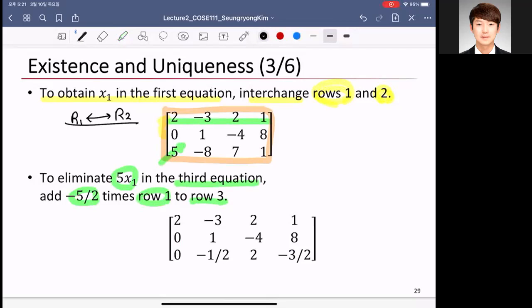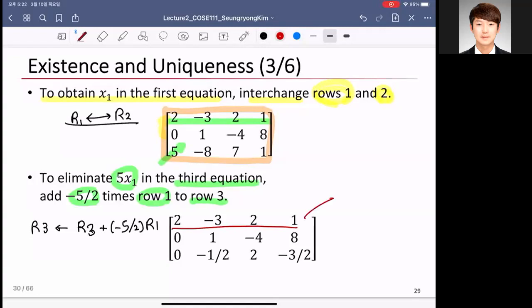So it's going to be the replacement operation: new R3 is original R3 plus -5/2 R1. So this is R1, and -5/2 times R1.